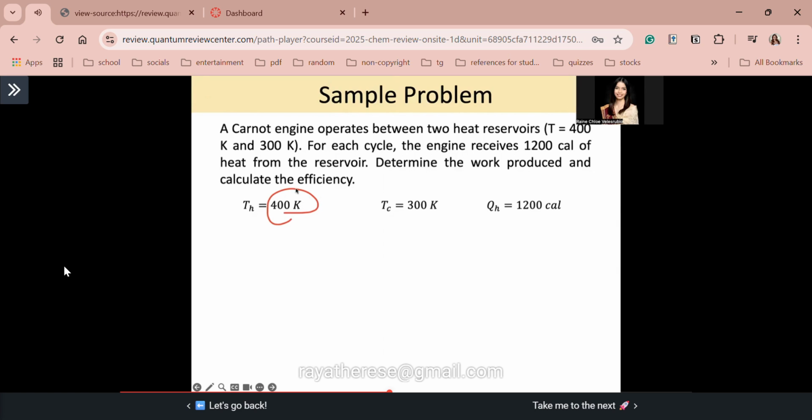So we have the higher temperature, 400 K. Next, for the temperature from the cold reservoir, that is equal to 300 K because it is lower in temperature. And lastly, QH is equal to 1,200 calories, okay? So meaning, guys, ito yung na-receive nyo na amount of heat from the hot reservoir. Ito yung inabsorb na heat from the hot reservoir in order for it to produce work. Here we are to determine the work produced and calculate the efficiency.